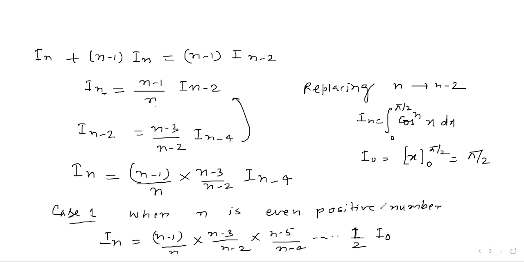And now we consider the case when n is an odd integer. So case 2, when n is an odd positive integer.